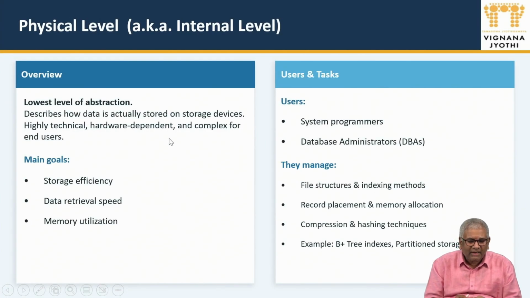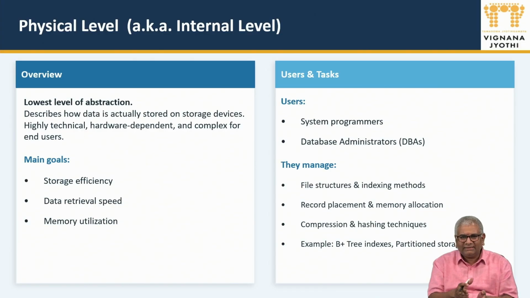Now, this slide talks more about the physical level. This lowest level of abstraction describes how data is actually stored on storage devices. It is highly technical, hardware dependent, and complex for end users. The main goals are storage efficiency, data retrieval speed, and memory utilization. So this is all related to hardware and efficiency.